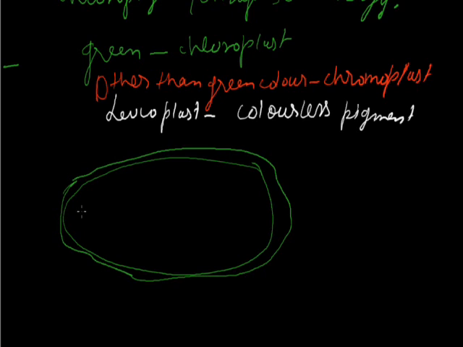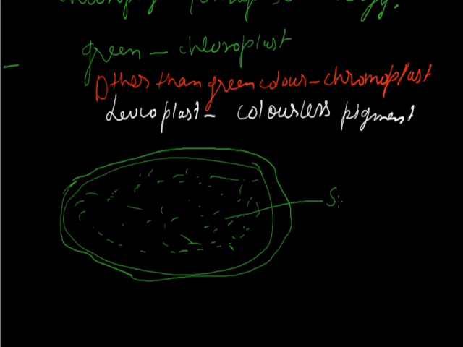Inside the double membrane there is a liquid, represented by dots in the structure. This liquid is very important, having a deposition of starch, fat granules and other nutritional products. This liquid is termed stroma.